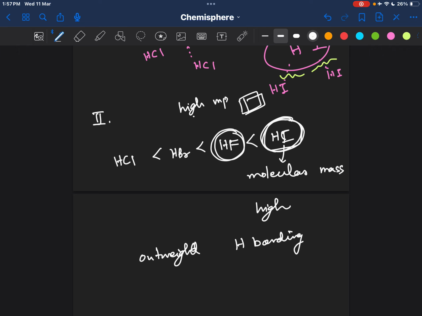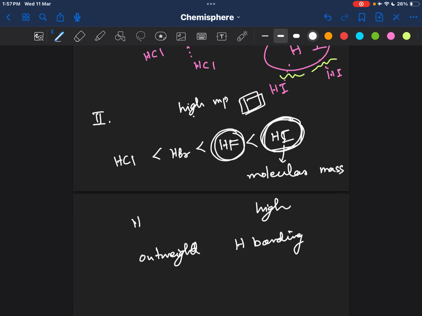So the point in a nutshell is that in the liquid state hydrogen bonding dominates. That's why HF has the highest boiling point compared to HI. In the solid state there is hydrogen bonding in HF, but it is not able to dominate and create a lattice. It forms specific chains, but it cannot create a lattice having a very high melting point. But HI, having weak van der Waals forces, forms dense packing.